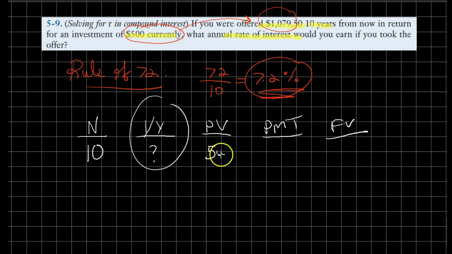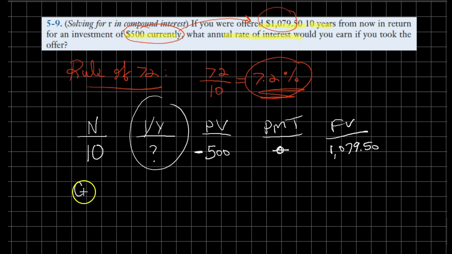We are told that we initially invest $500. Don't forget to put the minus sign because we are giving away $500. This is a cash outflow, and in return we are promised to get back $1,079.50. This is a one-time payment we make initially, so this is not a stream of payments.